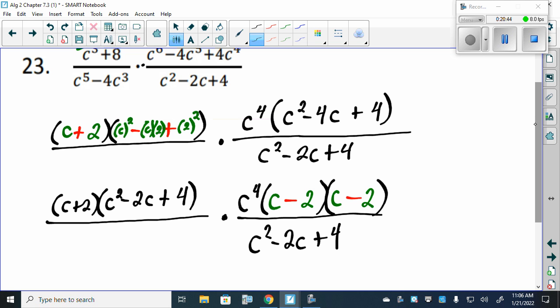Well, looking at the last one here, c to the 5th minus 4c cubed, our greatest common factor is c to the 3rd. And if we factor this out, we're left with c squared minus 4.